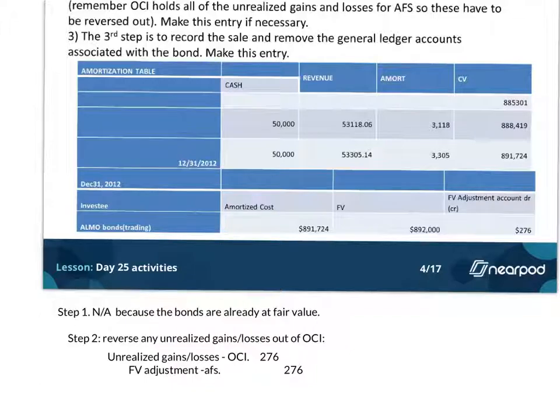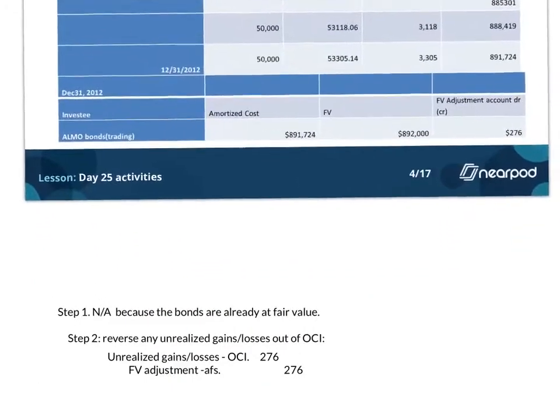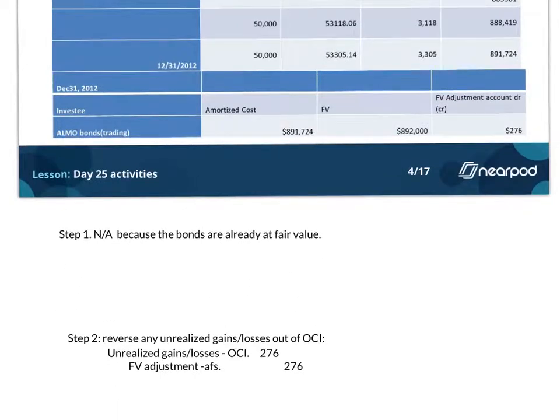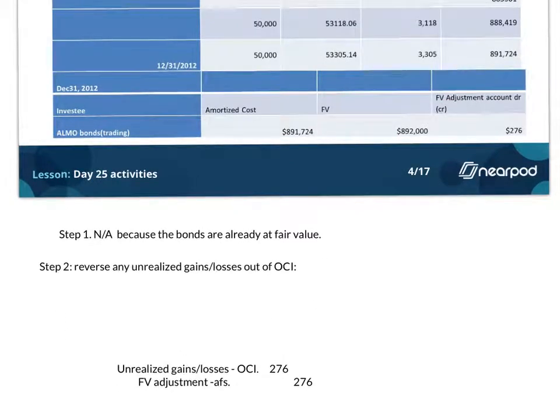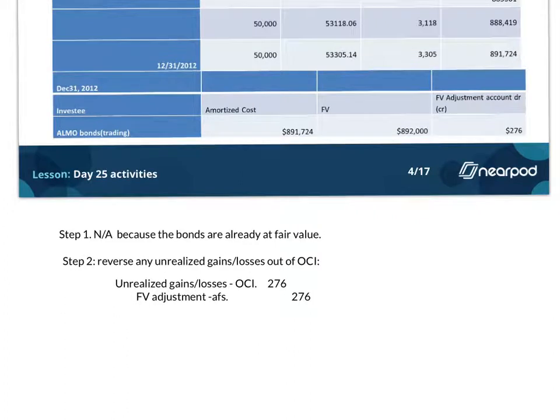And then step number 3, we're going to remove the general ledger balances. For step number 3, we need to clear out the balances and record the sale.